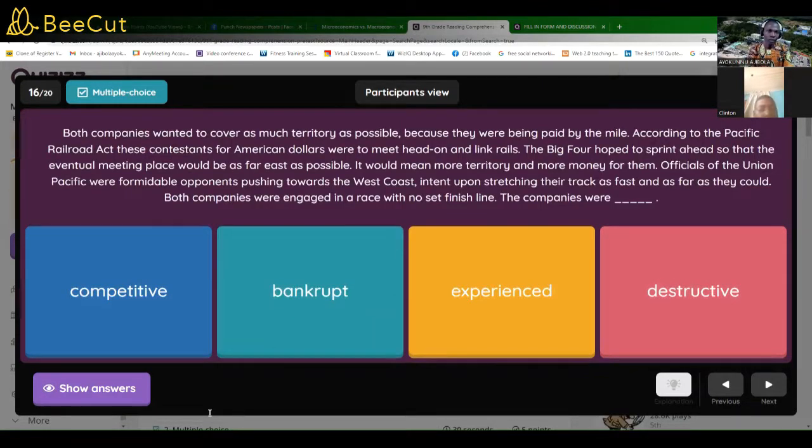Both companies wanted to cover as much territory as possible because they were being paid by the mile. According to the Pacific Railroad Act, these contestants for American dollars were to meet head-on and link rails. The Big Four hoped to spring ahead so that the eventual meeting place would be as far east as possible.